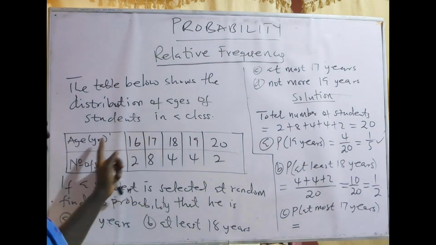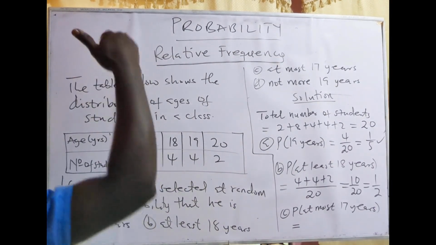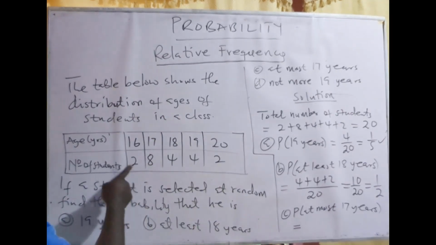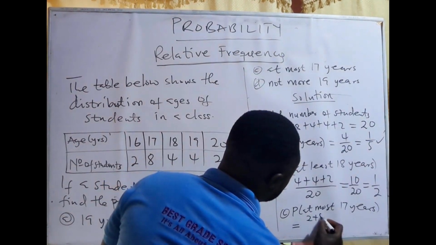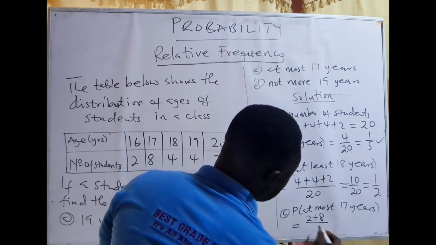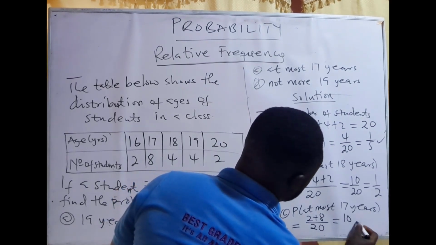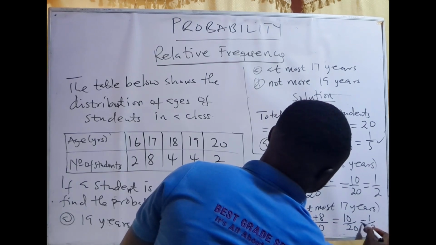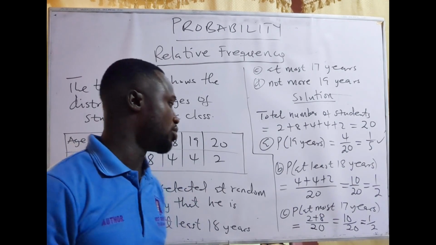So at the highest, it should be 17, so we have 17 and 16. How many students? 2 plus 8 divided by the total number of students, that is 20. That's also 10 over 20, and that will give us 1 over 2. So the probability of at most 17 years is also 1 over 2.